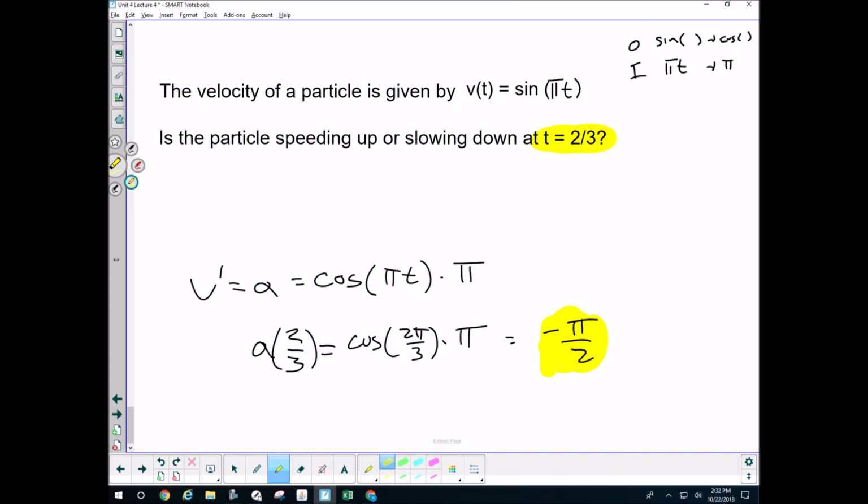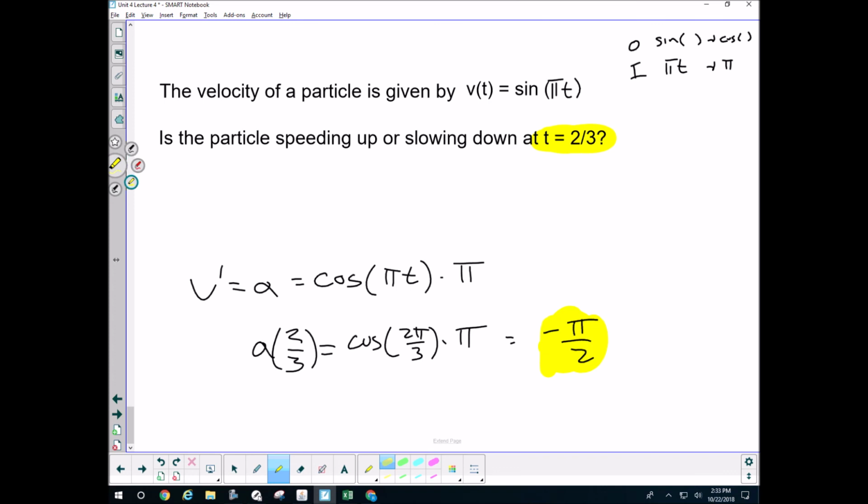You got to figure out, is the acceleration negative and the velocity positive? If that's the case, then you're slowing down. But if your acceleration is negative and your velocity is negative, we know we can speed up going to the left. So this is not sufficient. You need to look at your velocity at this moment as well. Just like we did number line analysis for velocity and acceleration, I can't just stop here.